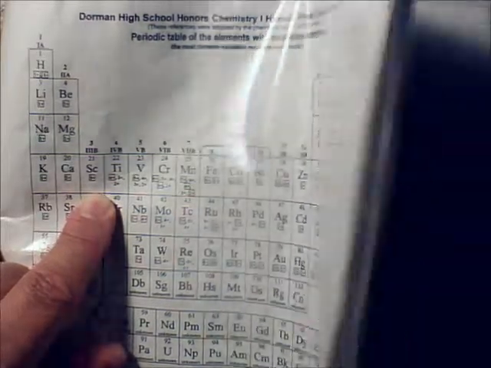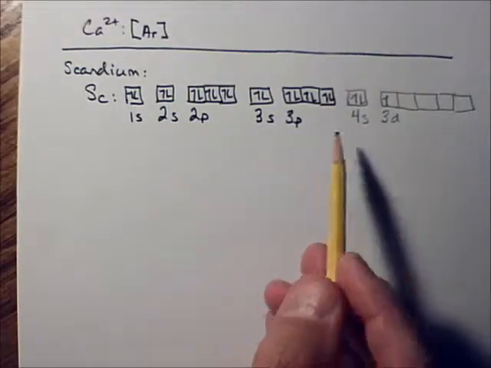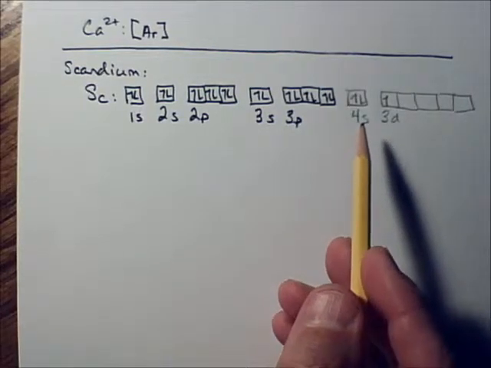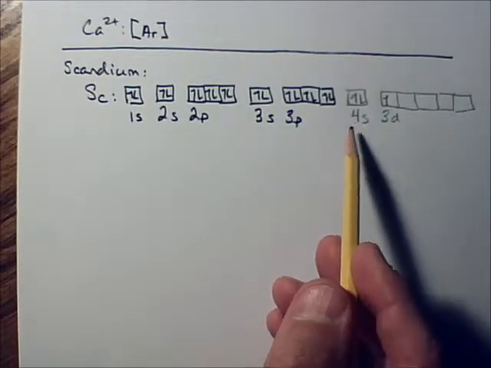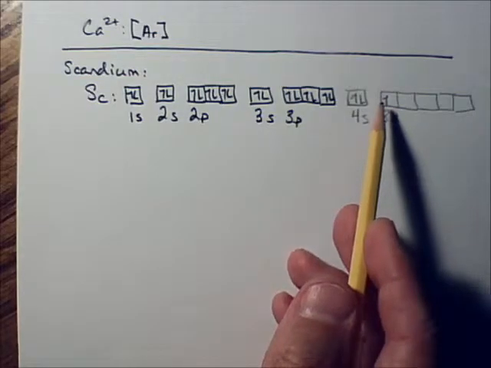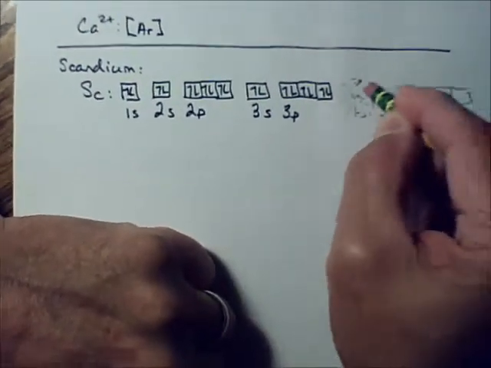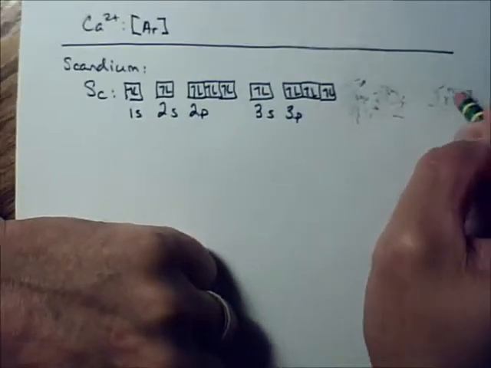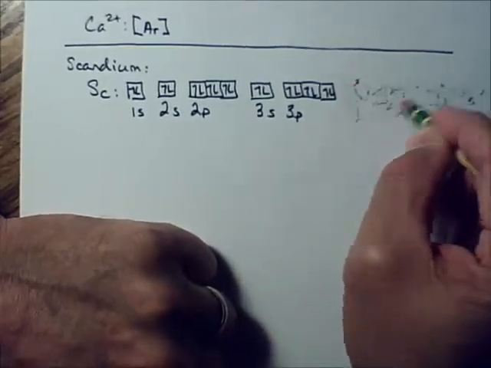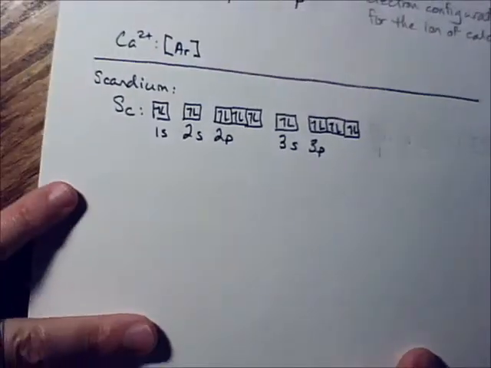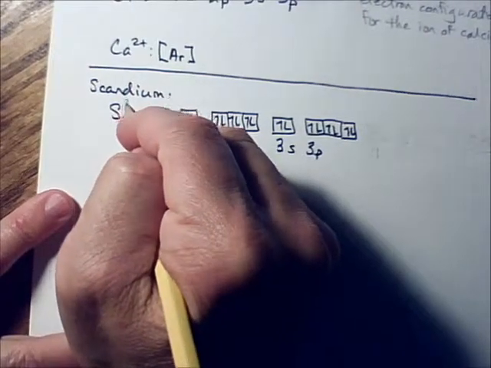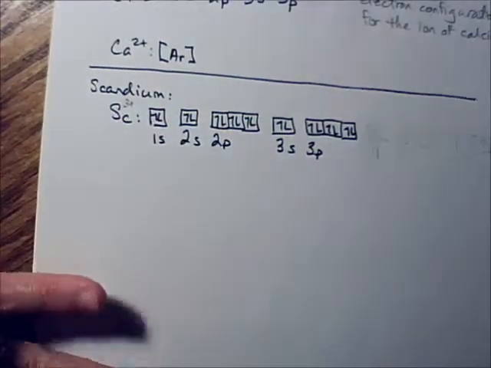So what seems the most reasonable way to get scandium to a 3+ charge? Take away those 3 right there we just put in there, didn't we? And so scandium now has a 3+ charge, and it's not the scandium atom anymore. Scandium ion with a 3+ charge. Got that?